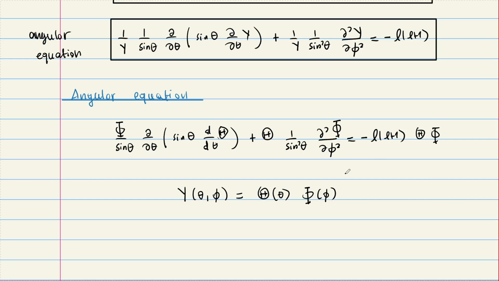I substituted already. I also want to multiply this with sine squared, so that this is one more sine, this sine squared is gone, and I'm going to have sine squared here. Good.